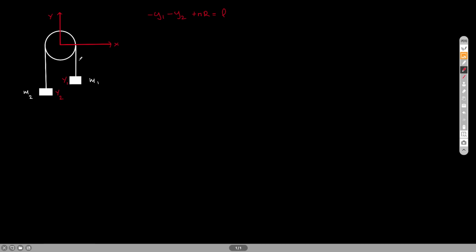And of course, since they're only moving up and down, the only thing that changes is their y position. Their x position stays constant.